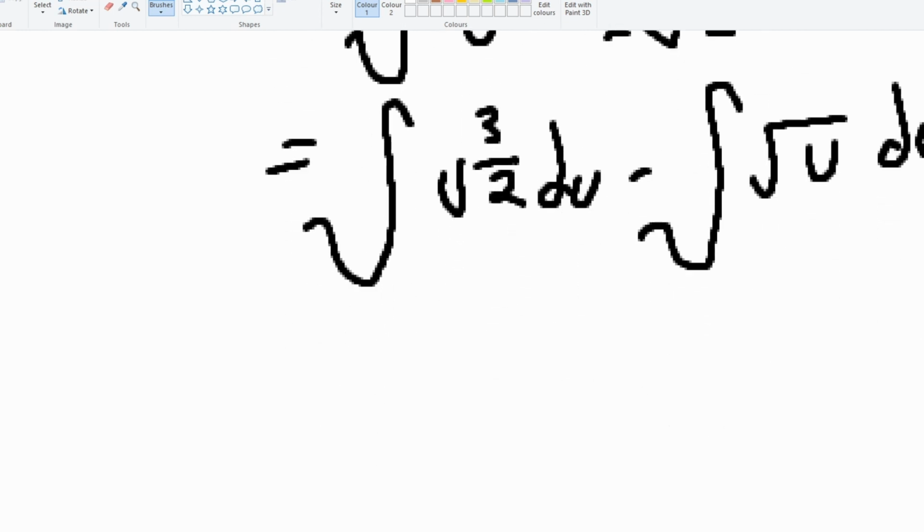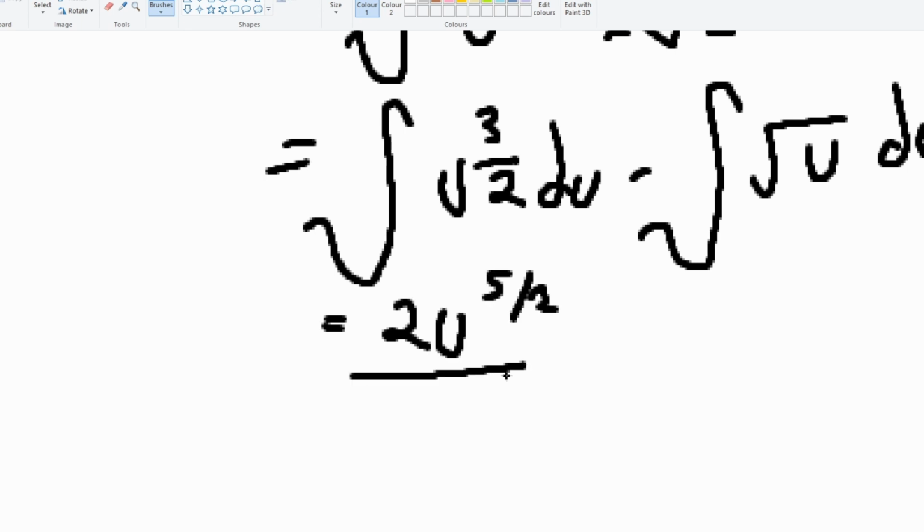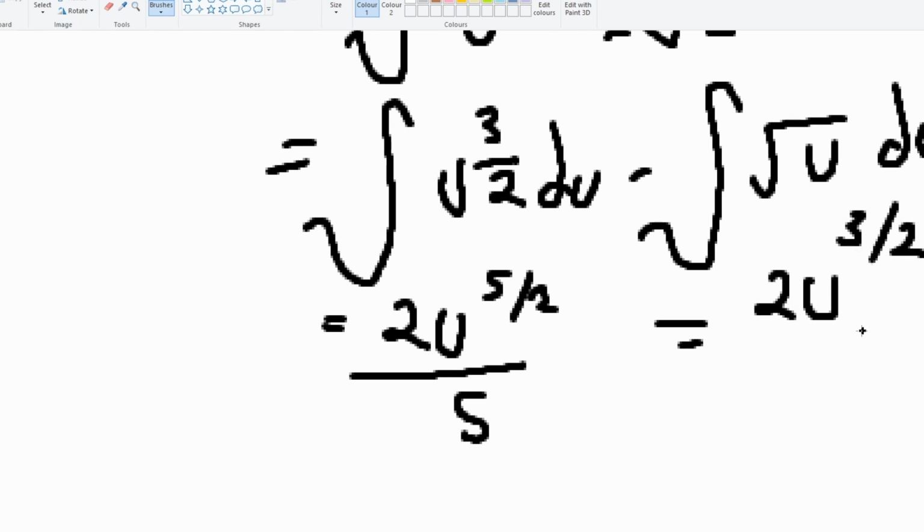Now we will be solving this integral right here by using the power rule, which will give us 2u to the power of 5 over 2 divided by 5. So now we're going to solve this integral by the same method, which is going to give us 2u to the power of 3 over 2 divided by 3.